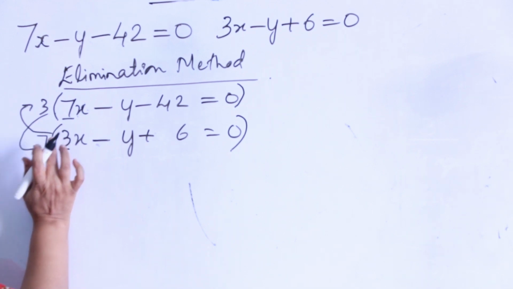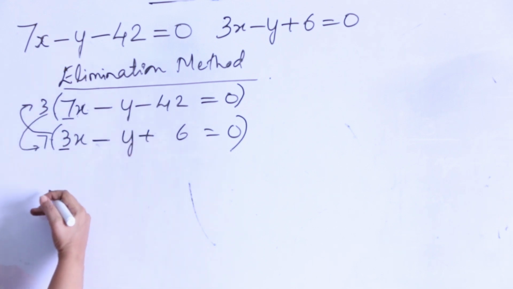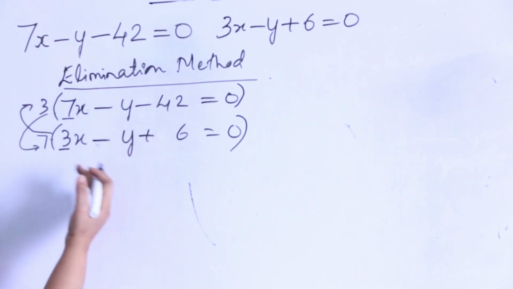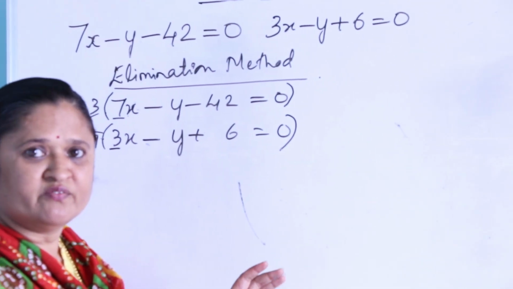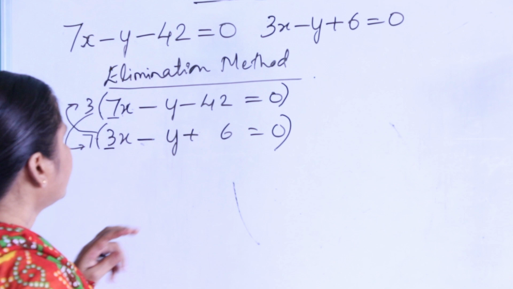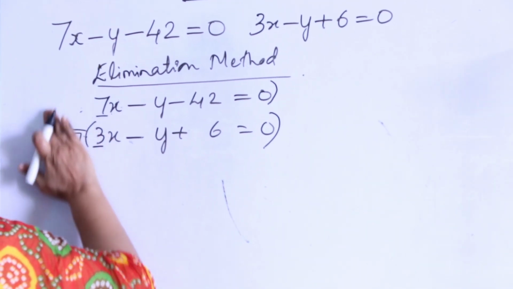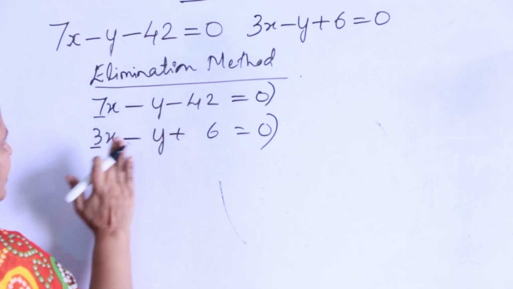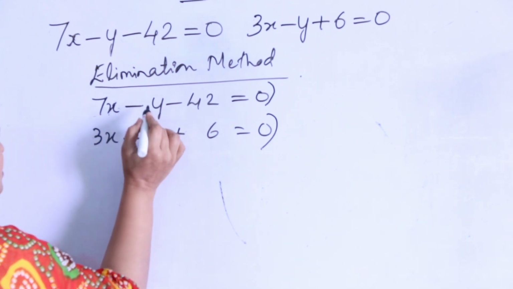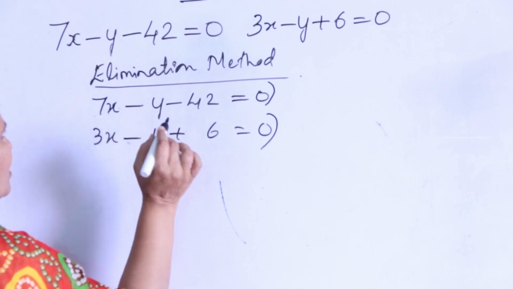Okay? Fine. And then we rewrite the equation. As I told you, we can eliminate either x or y, whichever is easier. In this case, if you observe, to eliminate y is easier for us because it is 1 which is already there.